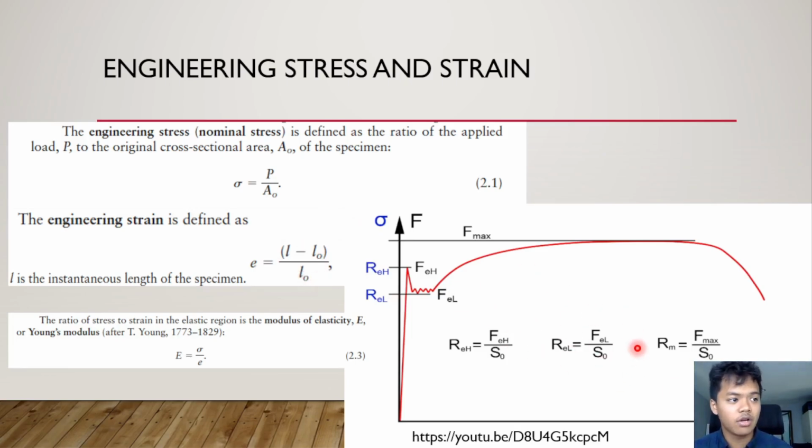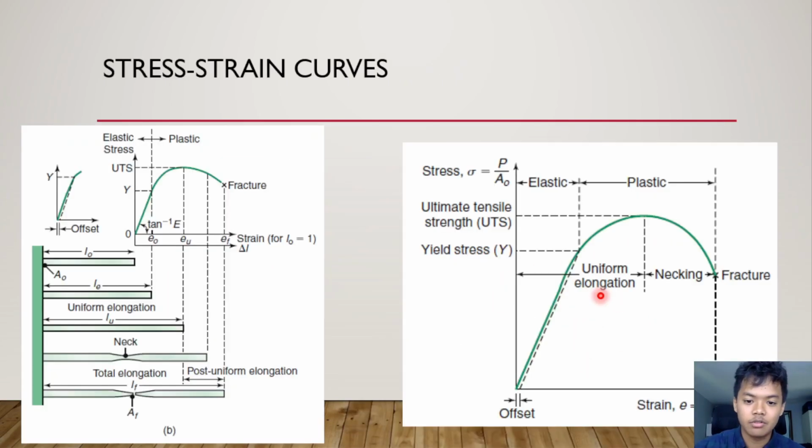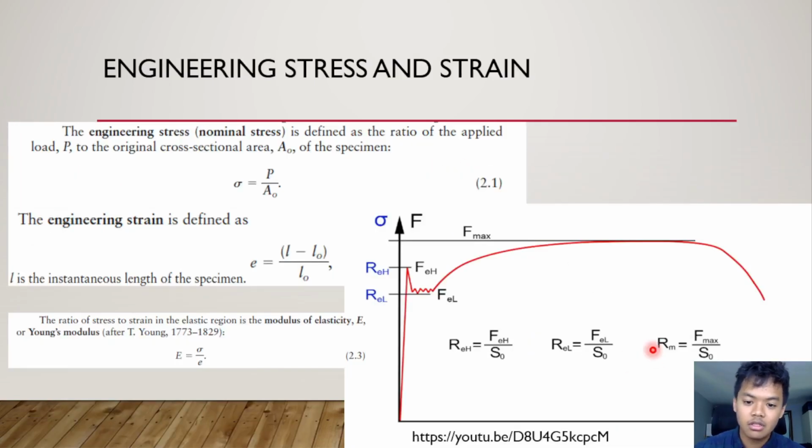So here, what is this graph? This is a graph that we will obtain straight out of testing the specimen. This is not the same as our previous graph, which was a stress strain graph. This graph is a load and elongation graph. I don't think you can see it, but right down there it says delta L, signifying elongation.